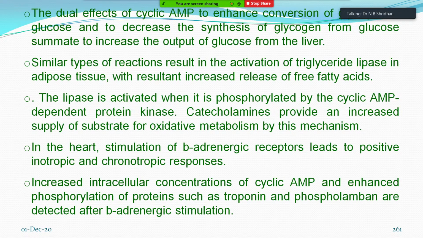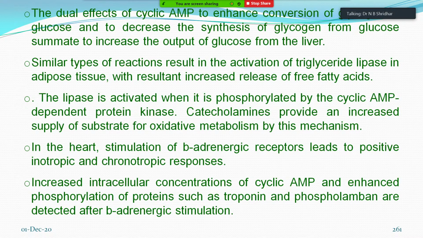The increased intracellular concentration of cyclic AMP and enhanced phosphorylation of proteins such as troponin and phospholamban are detected after beta-adrenergic stimulation. So the specific proteins like troponin and phospholamban are detected, especially in different tissues.